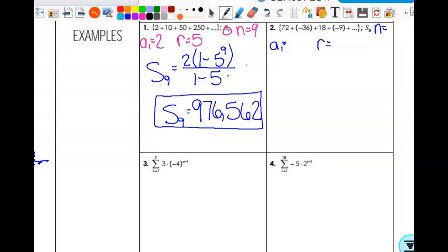All right, next, what'd you get for n? 8. Okay, what about a sub 1? 72. What about r? Negative 1/2. We agree with all of that? Yes? Awesome, thank you. Go ahead and find the sum.